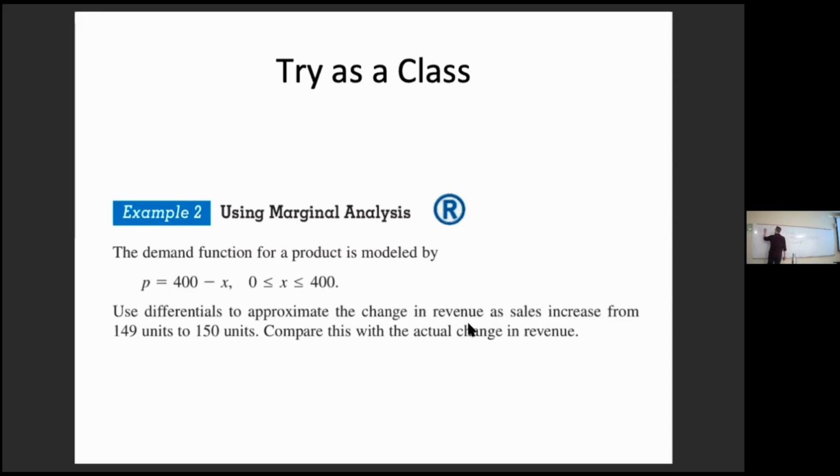This was revenue at X plus delta X minus revenue at X. And then dr is equal to the derivative of revenue with respect to X times dx. And we said we can approximate dx using a small number. This is what we had worked with last class.